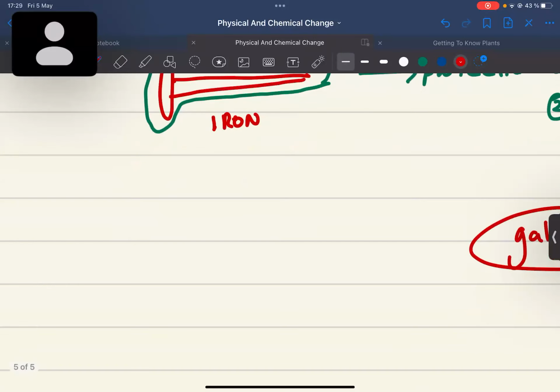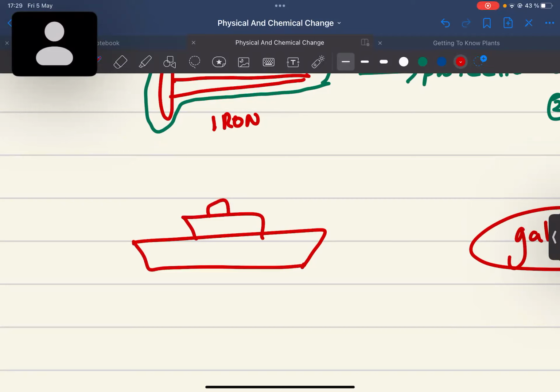Now, take a ship. It is continuously in contact with salt water, and it has to be continuously underwater. You can't do anything, right? So rusting is even faster because it is inside water itself.